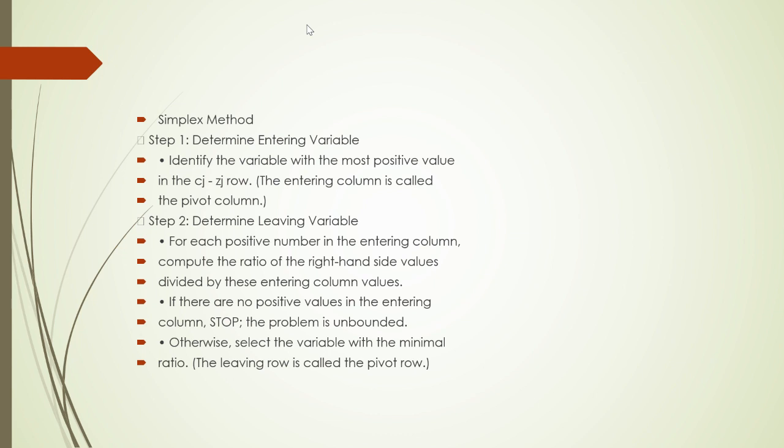Firstly, we will identify the variable with the most positive value in the Cj minus Zj row, and this is the entering column, called the pivot column or key column.